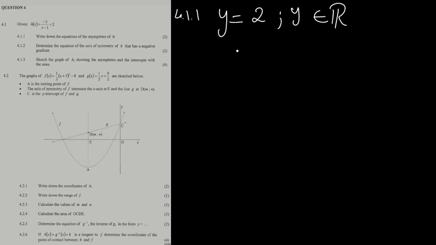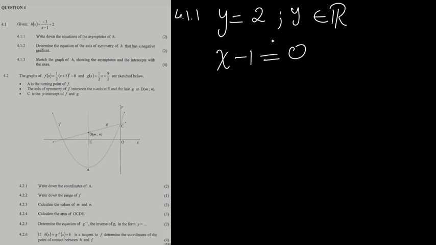So for the other equation, you take the denominator there and say x minus 1 is equal to 0.